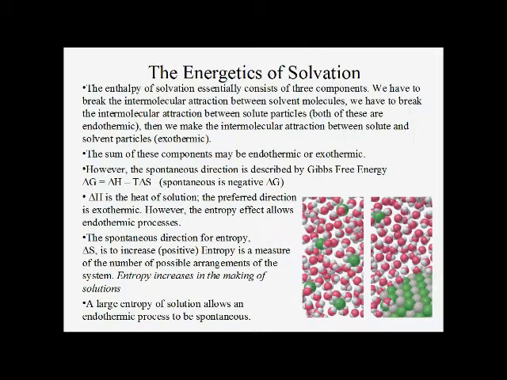The general spontaneous process, or more spontaneous process, is an exothermic process. This universe likes to go to a low energy state. So an exothermic process means that the system is releasing energy, so it's going to a low energy state.